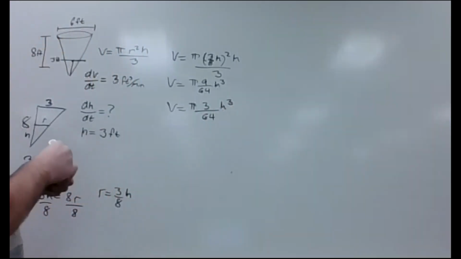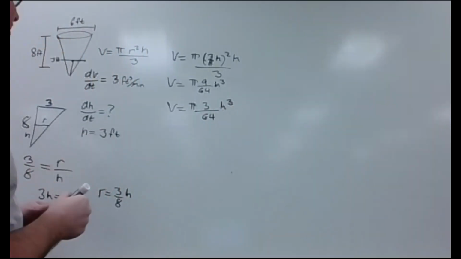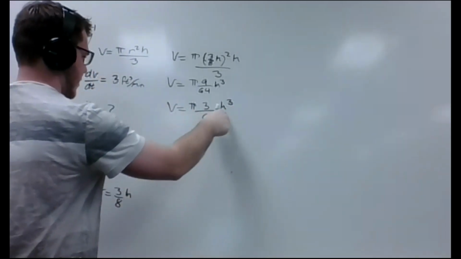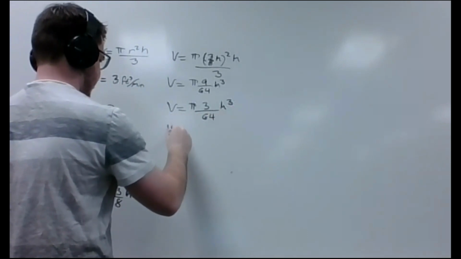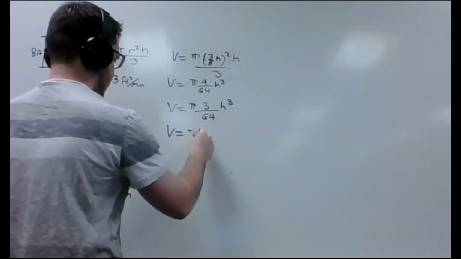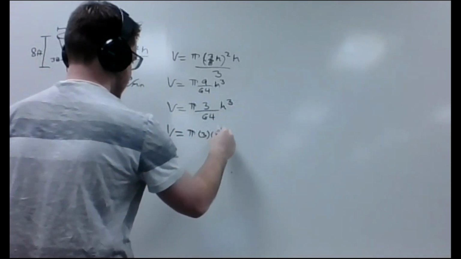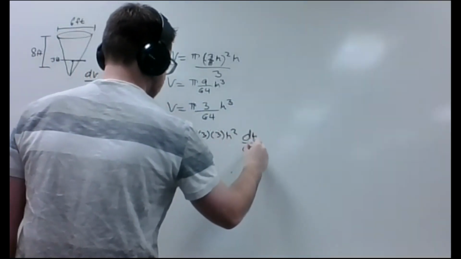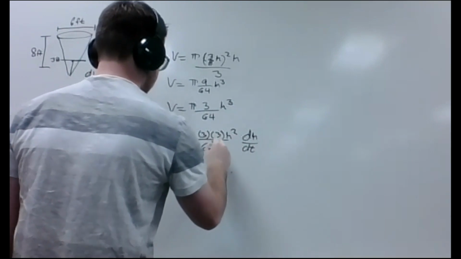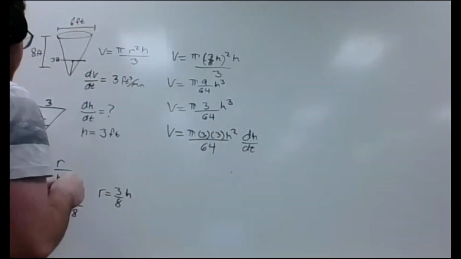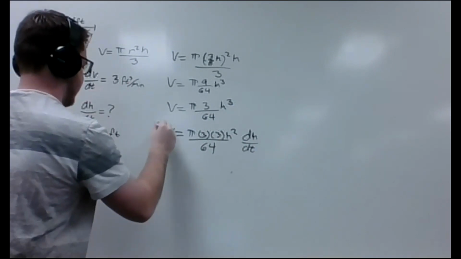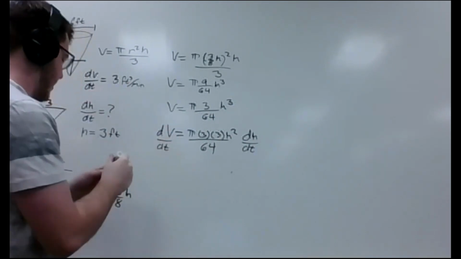All right. So now we can take the derivative of this. We can take all this beginning function stuff out and just multiply by 3. So we're going to have the volume derivative equal pi times 3 times 3 times h squared dh dt over 64. And now we can plug in all our numbers. This would be dV dt because we took the derivative of it.